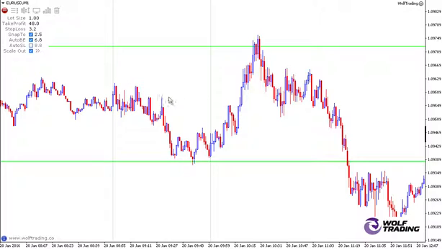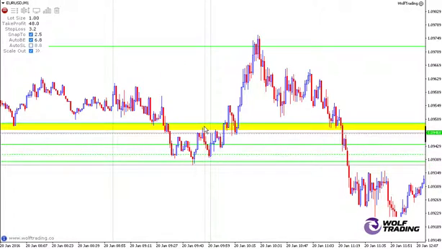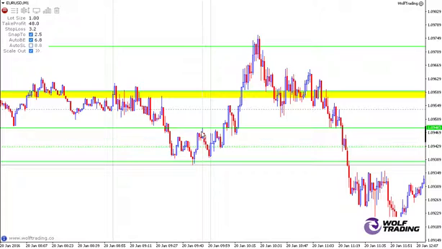So we assess the first zone, C-click, and we take 50% of our trade inside there. Now, break even, scale out 50%, they're all one click icon buttons in the Wolf Trading EA, but you also got the ability to scale out.